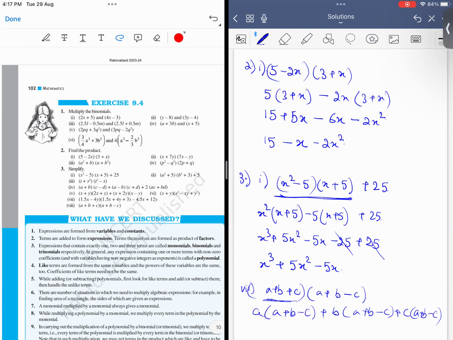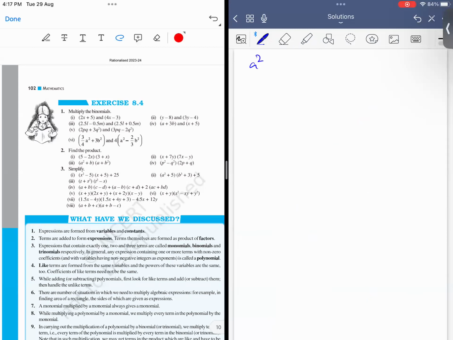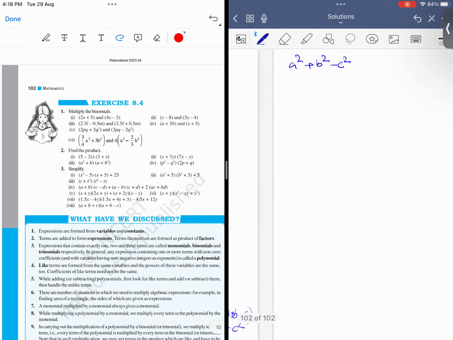Okay, so likewise we open: a square plus ab minus ac plus ab plus b square minus bc plus ac plus bc minus c square. Now look for the like terms. So a square plus b square minus c square will be written.